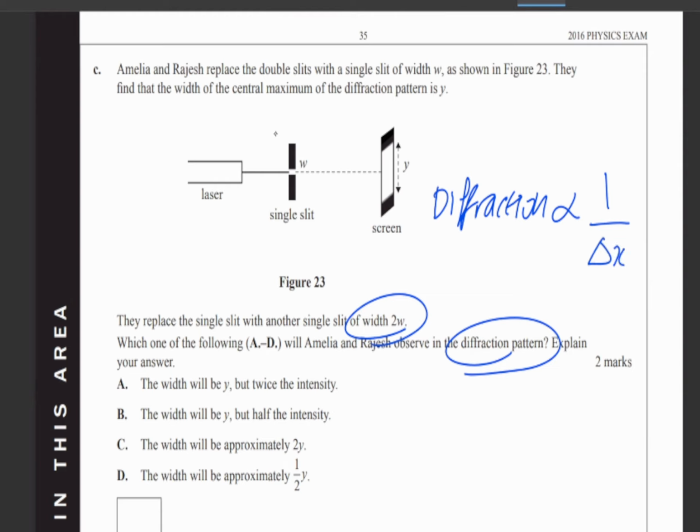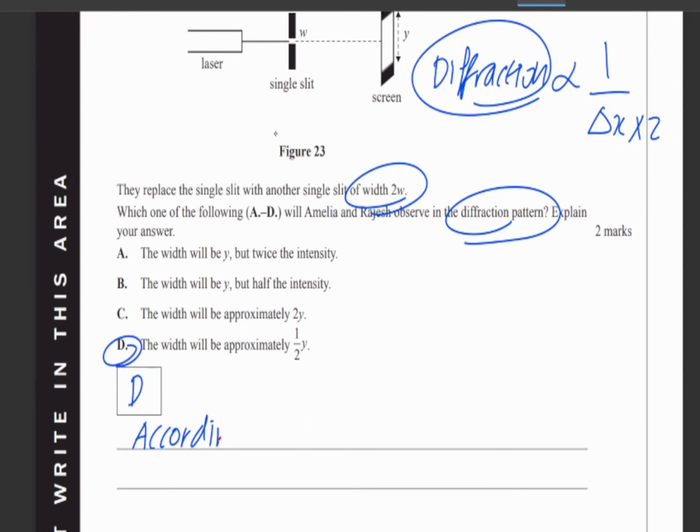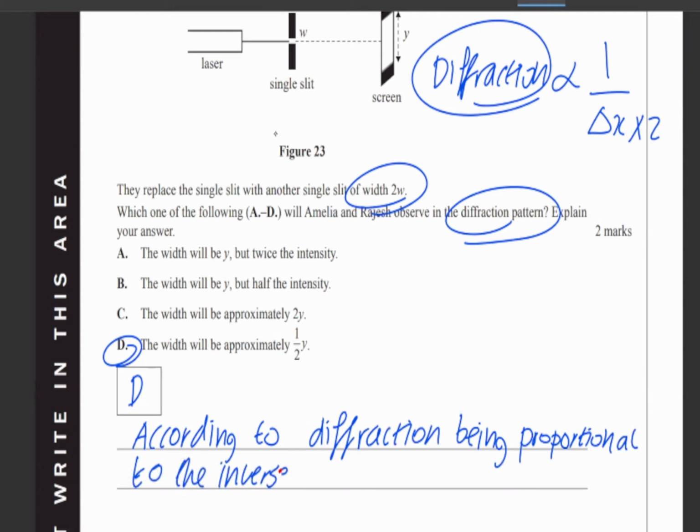If you double this, then you'll halve the diffraction pattern, which is d, according to the inverse of width. Say spread. Yes.